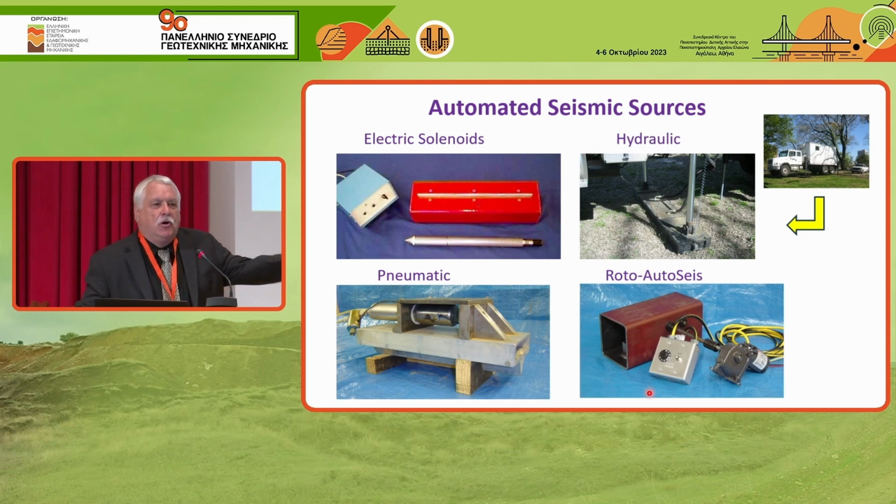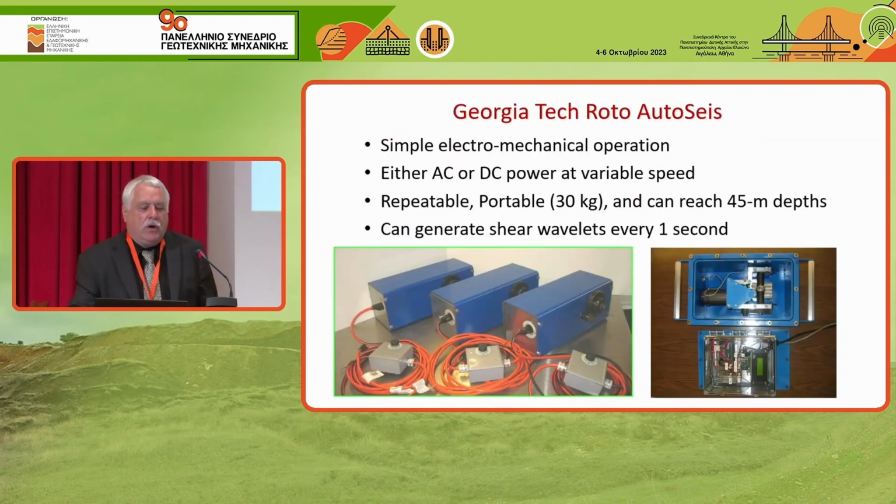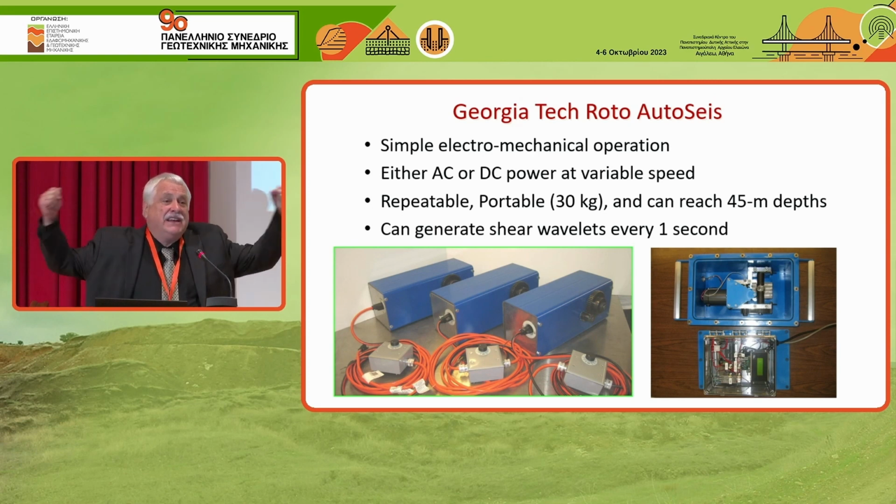It's just an electric motor with a gear on it, and one of the teeth is missing. There's a spring on the hammer, so every time the wheel goes around once and encounters the missing tooth, the spring goes pop, and that's how we generate wavelets. We patented this. You can run it on AC or DC. It's portable. Even I can lift it.